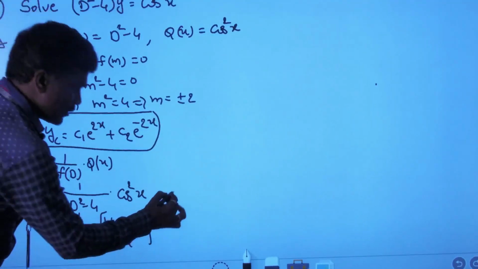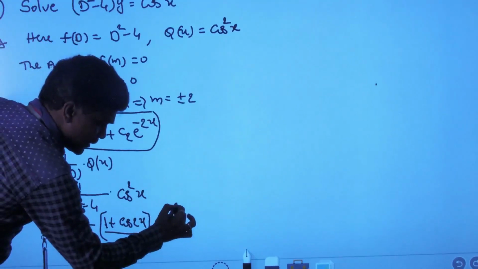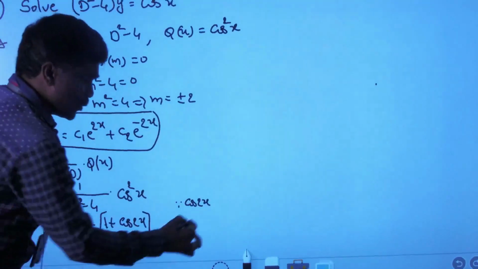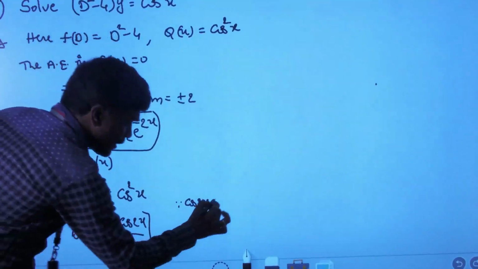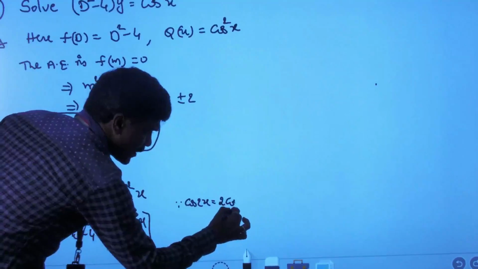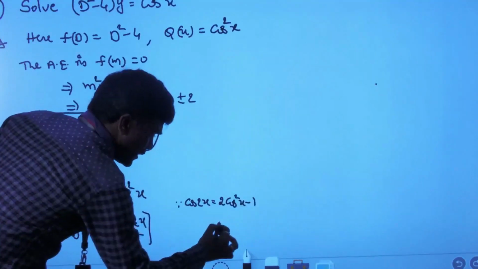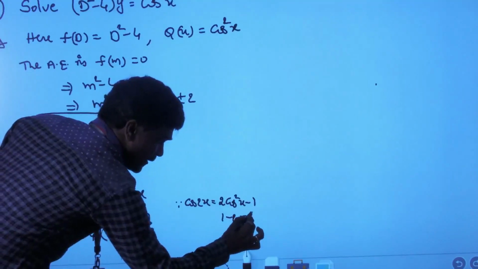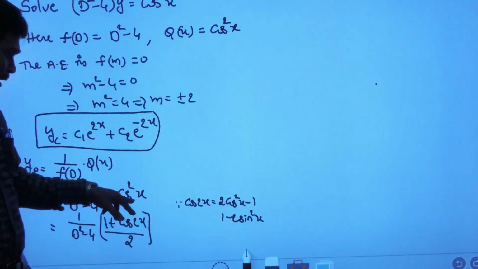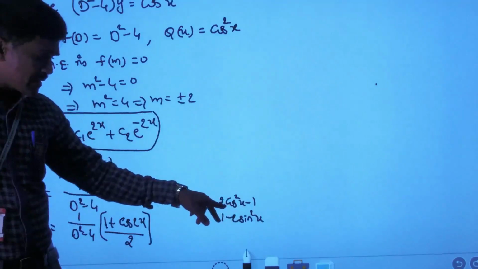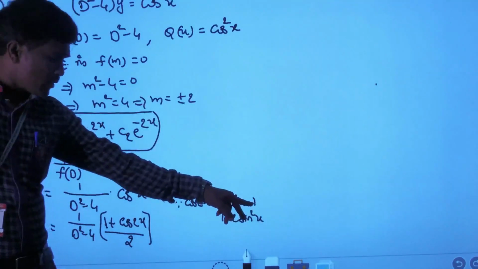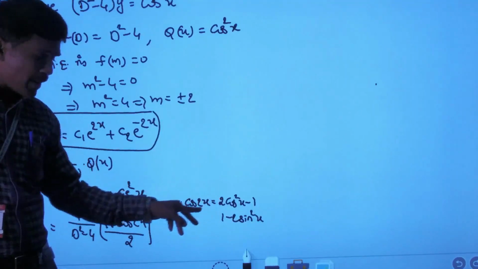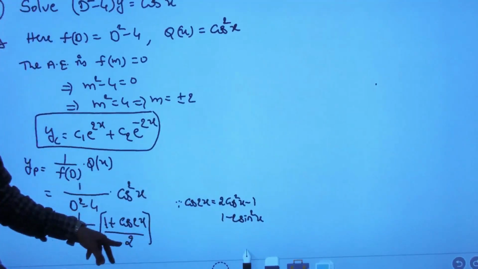This comes from the cos 2x formula: cos 2x is 2 cos square x minus 1, or 1 minus 2 sin square x. So transposing to the left hand side, we get 1 plus cos 2x by 2 is cos square x.